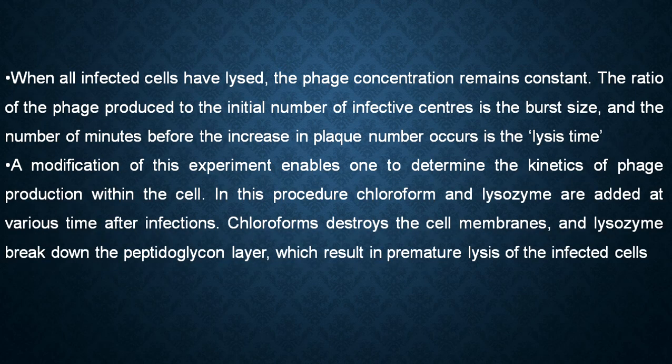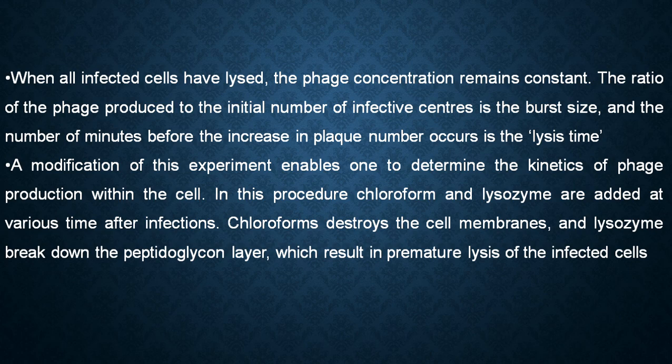When all the cells have lysed, the phage concentration remains constant. The ratio of the phage produced to the initial number of infective centers is the burst size, and the number of minutes before the increase in plaque number occurs is the lysis time.